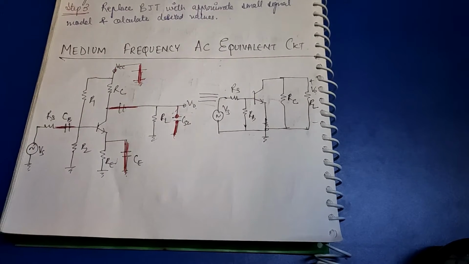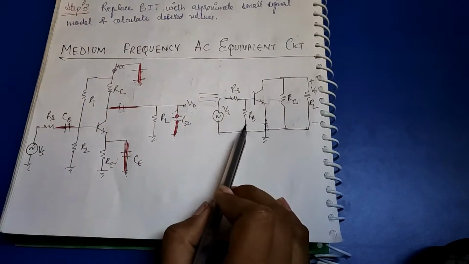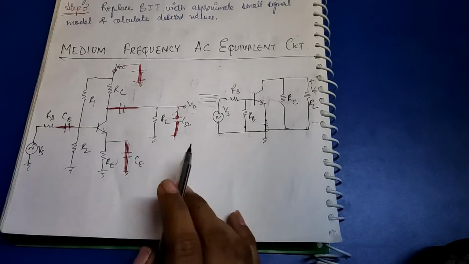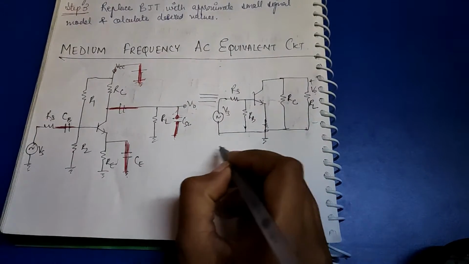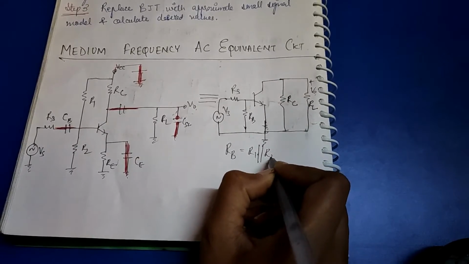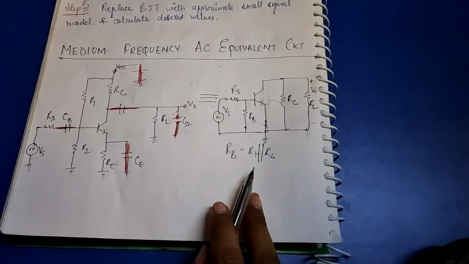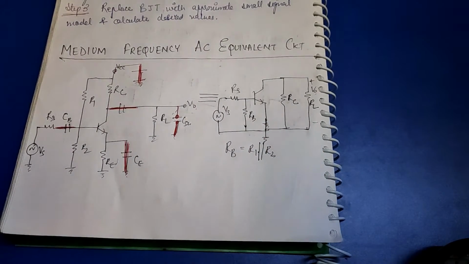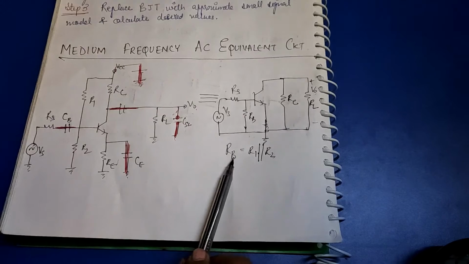So guys, this is the circuit, okay? And here you can see that the RB is basically R1 parallel to R2, which we have done earlier also. And now we have to develop the h-parameter model of this circuit.